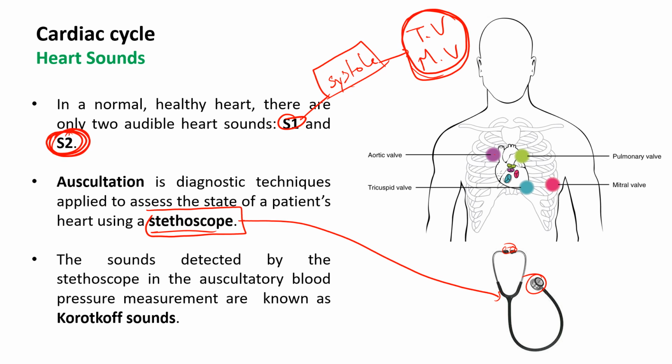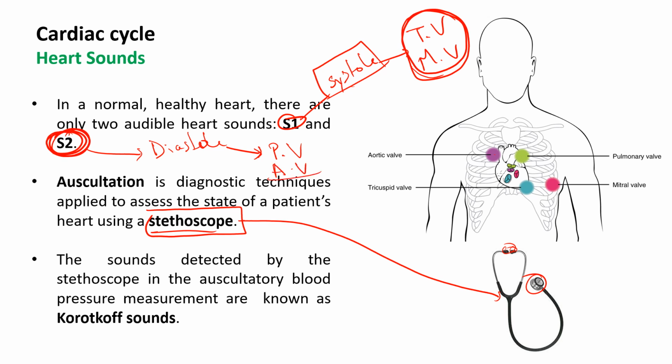When the heart is relaxed, we learned that it generates a second sound, which is not super loud, and this second sound is the result of valve closing. So this is in diastole. In diastole, the valves that will be closed are the other ones: the pulmonary valve, or pulmonic valve, and the aortic valve.